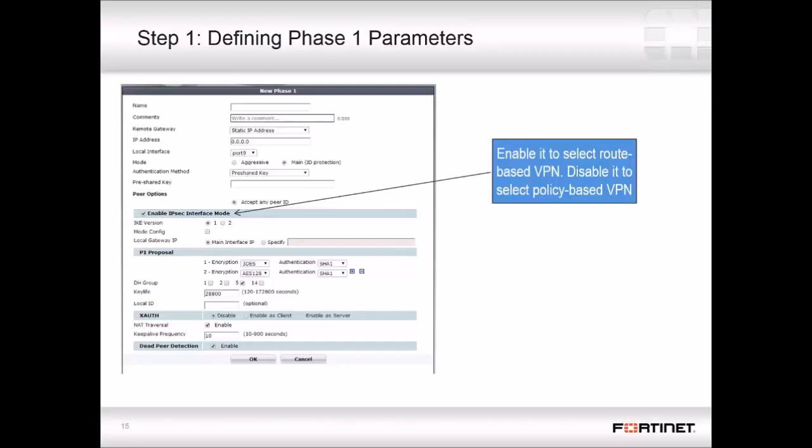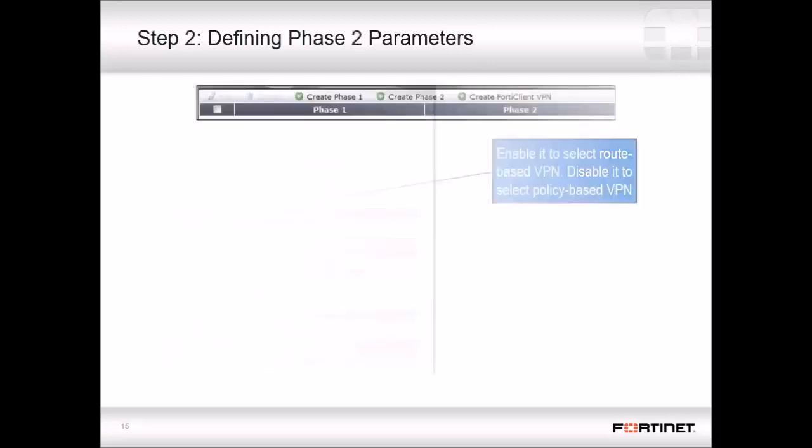In those cases, the same pre-shared key must be manually entered on both sides. As a matter of fact, what is important to know at this point is that most of the Fortigate Phase 1 configurations must match on both sides. It is during the Phase 1 creation that we specify the type of VPN configuration, either route-based or policy-based.